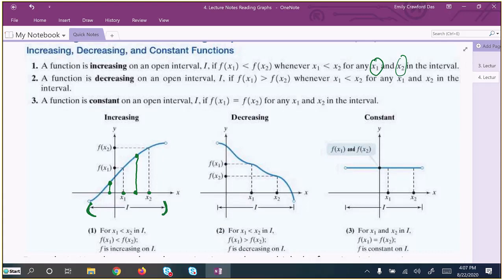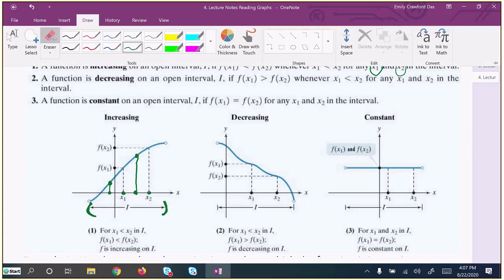If we can find an open interval over which, no matter which pair of x values we choose, the smaller x value corresponds to the smaller y value and the larger x value corresponds to the larger y value, then we say this function is increasing over this interval.